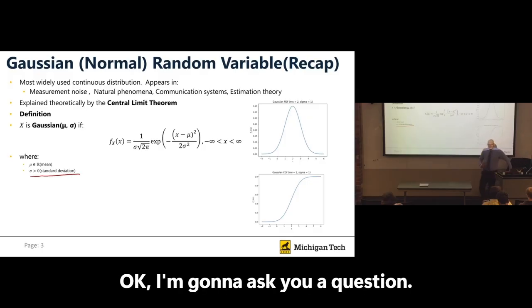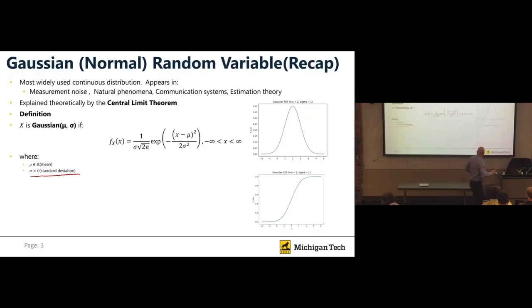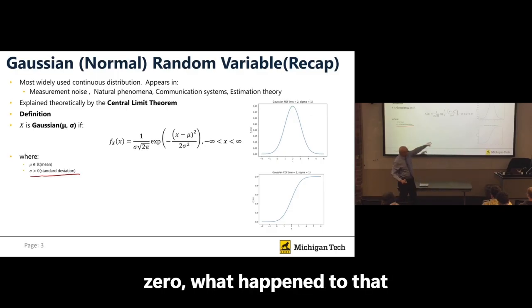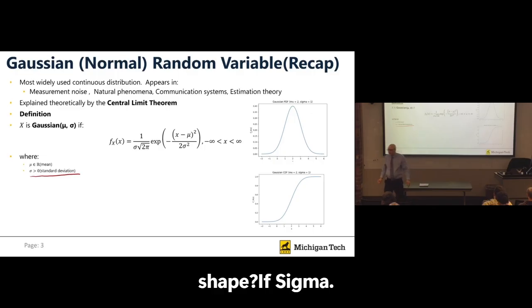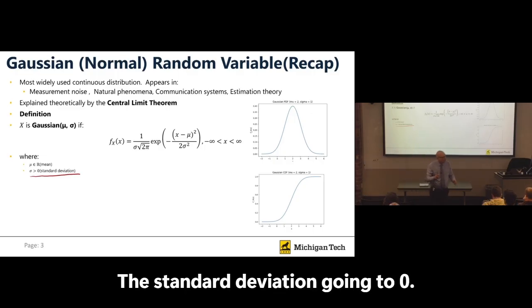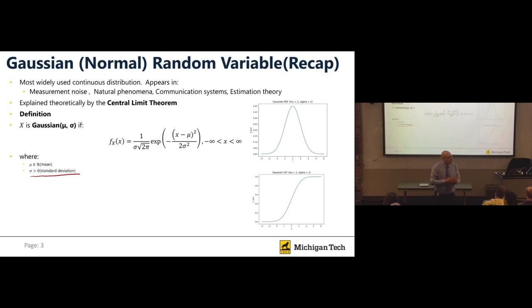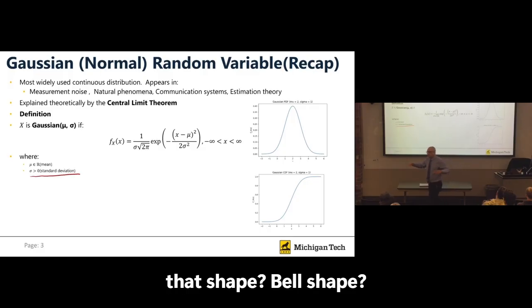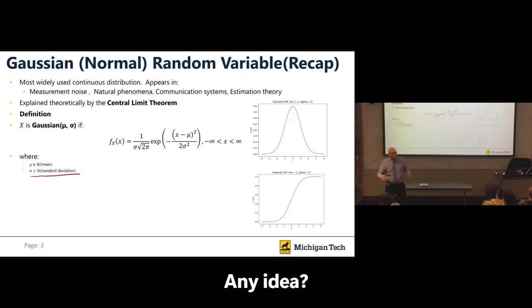I'm going to ask you a question. If sigma, the standard deviation, goes to 0, what's going to happen to that bell shape? Any idea?